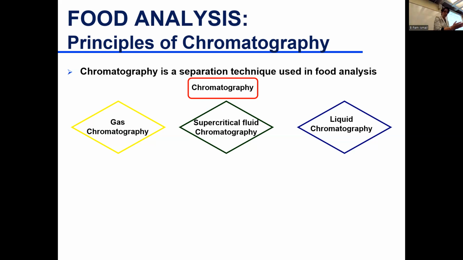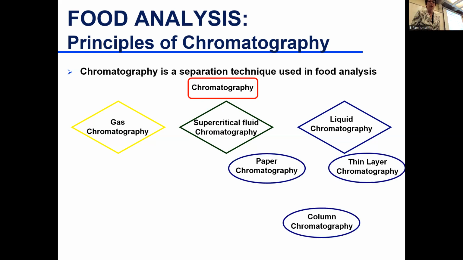Is it liquid chromatography? And then in liquid chromatography, we're going to talk a little bit about planar chromatography, where we use a paper or thin layer chromatography. And then we're going to talk about column chromatography, the use of a column, and that's the most common tool that we are going to have many examples on.